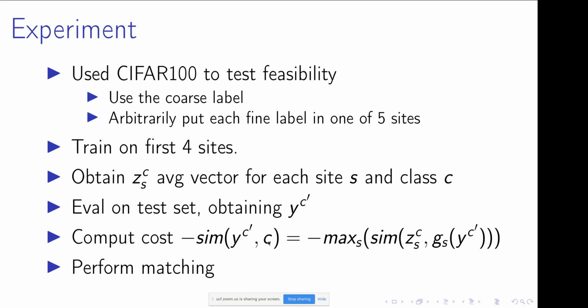Here, you only consider the 20 coarse labels in this case, right? So in your classification problem, you only have 20 coarse labels. So if the test set has a minivan, but all the other 4 sites don't have minivan, but have truck, sedan, which correspond to the coarse label of car, you still want the test minivan to be labeled as a car.